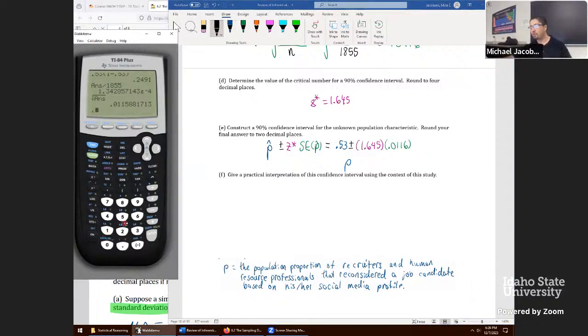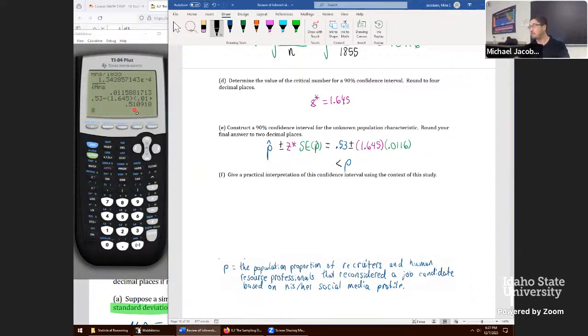Now back to the calculator. We'll go 0.53 minus a 1.645 multiplied by a 0.0116. We've got it all in, so hit enter. And here's our value for the lower end. Let's see, we're going for 2 decimal places on this thing. So this will be a 0.51.